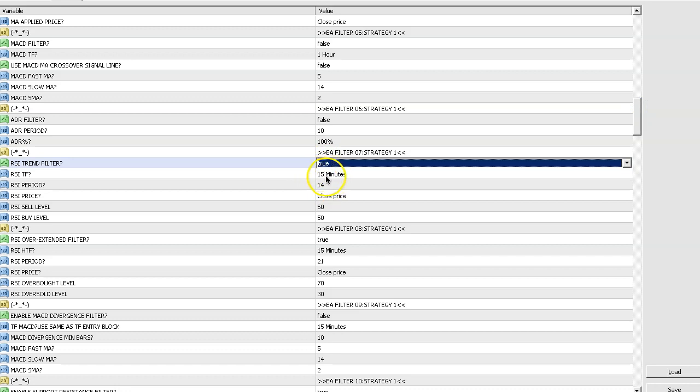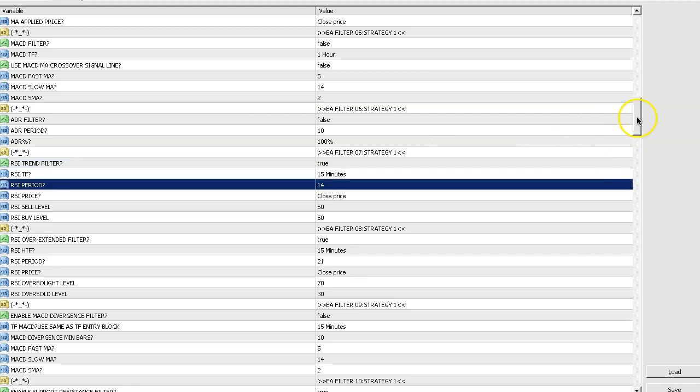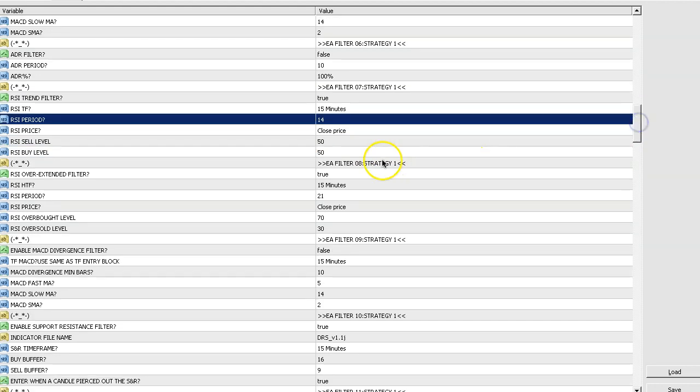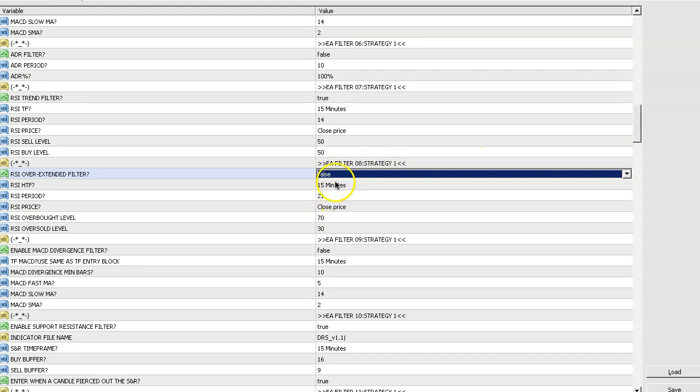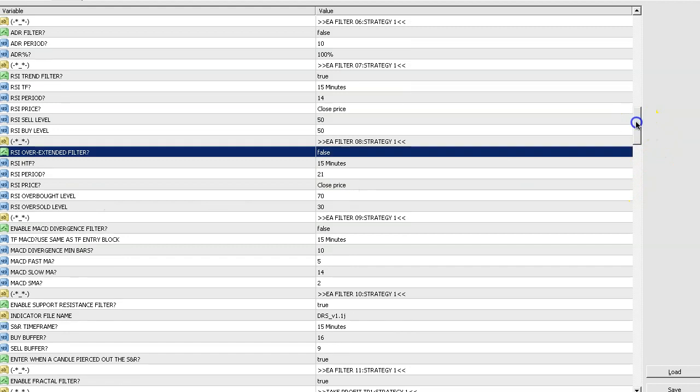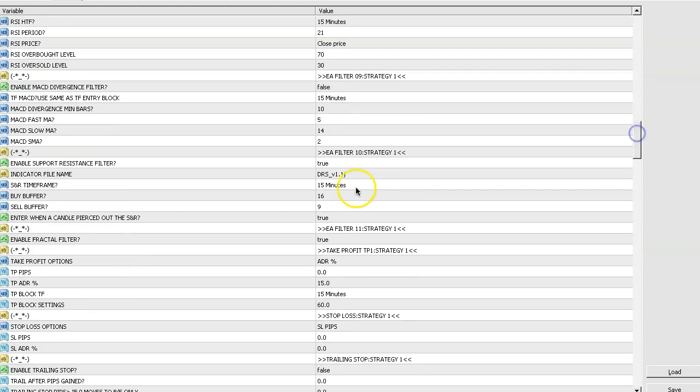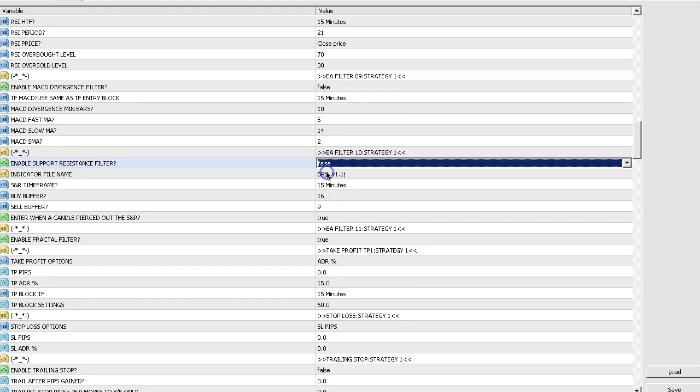I'm going to leave it on 15 minutes, but you can choose a higher time frame if you want to be more conservative. I'm going to make this one false. You can try having them both together just to see how it works, where it actually overextended but at the time of the entry is below 50 or above 50. That's pretty interesting. Then here we have yesterday's high, yesterday's low.